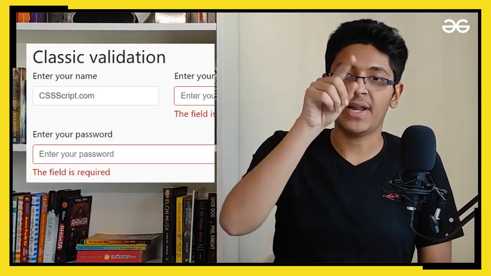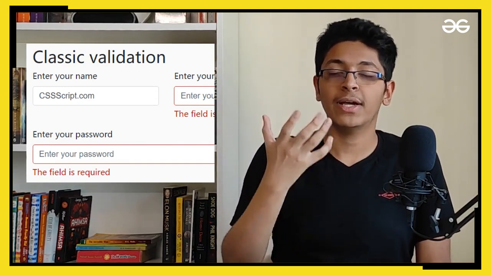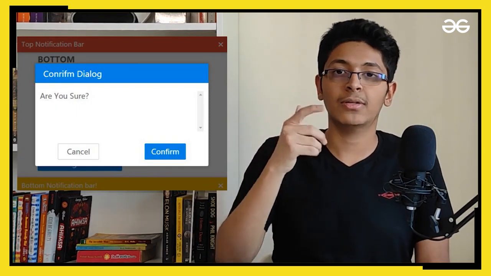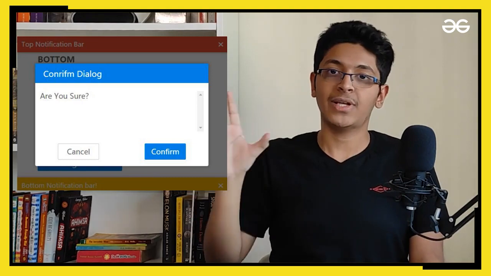You can also make those forms in which you have that validation kind of a thing, that you will need to have that @ for it to be an email in that particular form input. So things like that you can try to implement using plain JavaScript. There is also another option for you to build a pop-up, right? So whenever someone clicks on OK, it says, are you sure you want to continue? You can just build that component itself, just by using plain JavaScript. So that can be another thing that you can do.